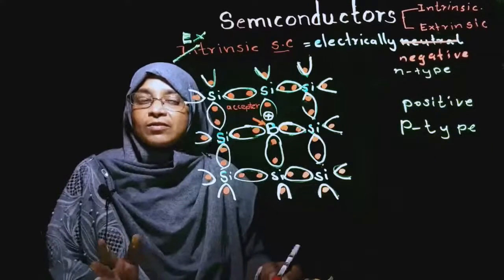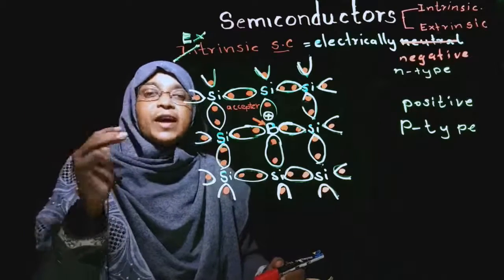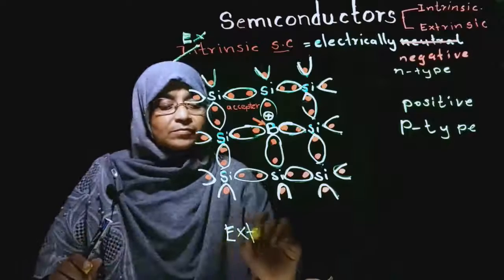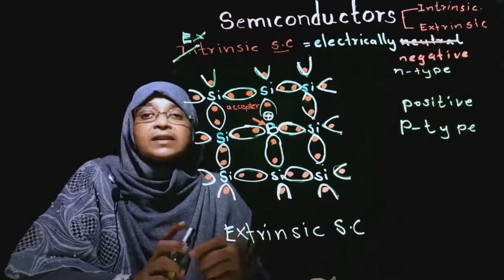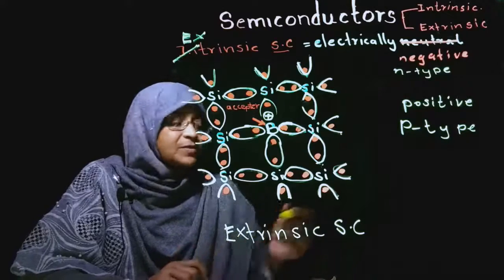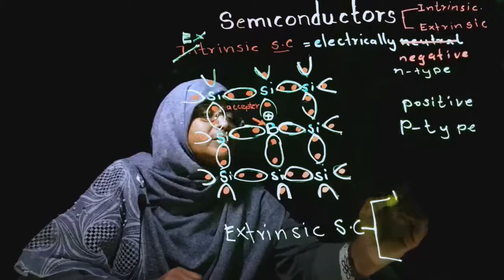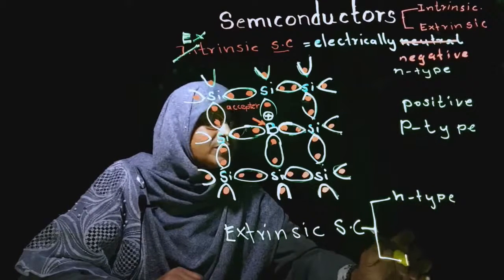Now we can conclude extrinsic semiconductors are of 2 types: N-type and p-type.